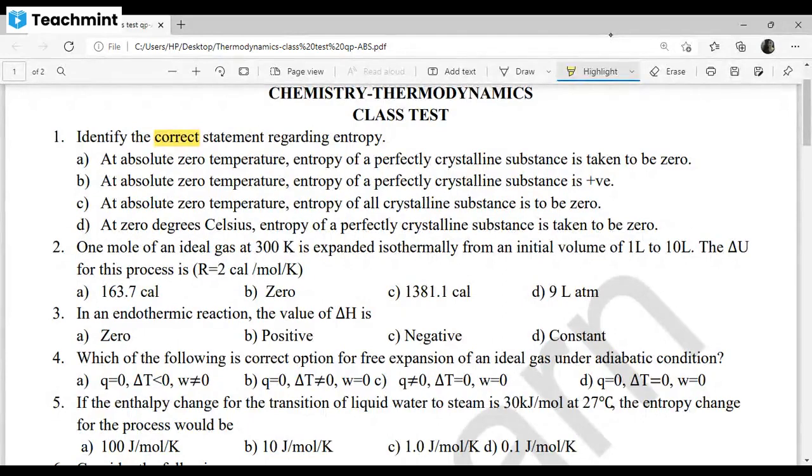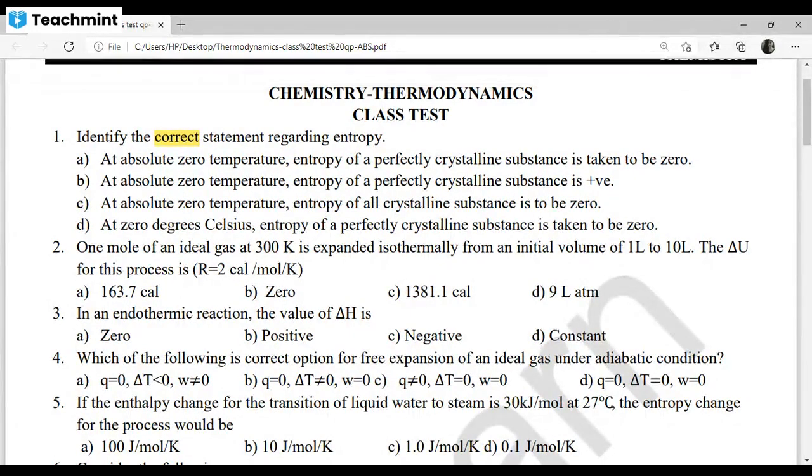Therefore, at absolute zero temperature, entropy of perfectly crystalline substance is taken to be zero. At absolute zero temperature, entropy of perfectly crystalline substance is positive. At absolute zero temperature, entropy of all crystalline substance is zero. At 0 degrees Celsius, entropy of perfectly crystalline substance is taken to be zero. Which is the right answer?